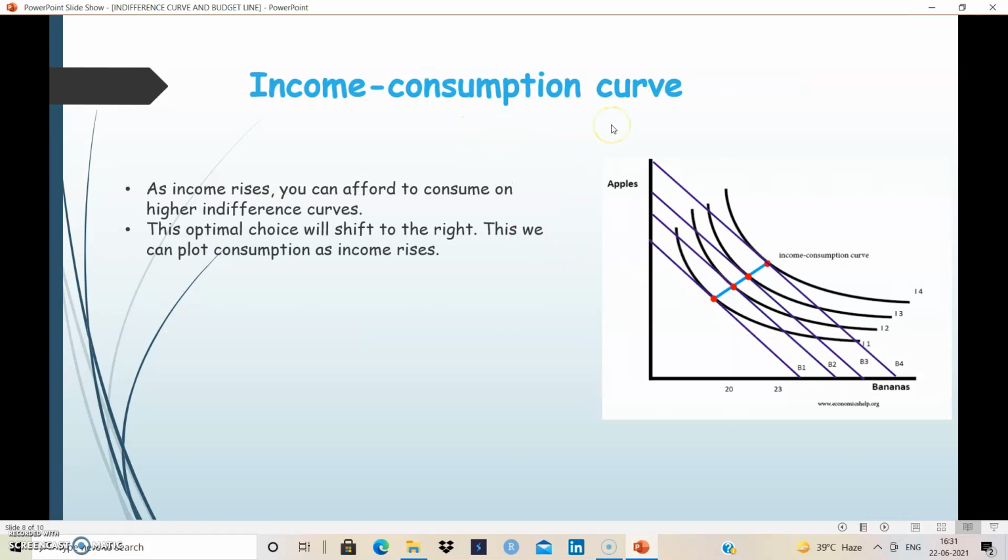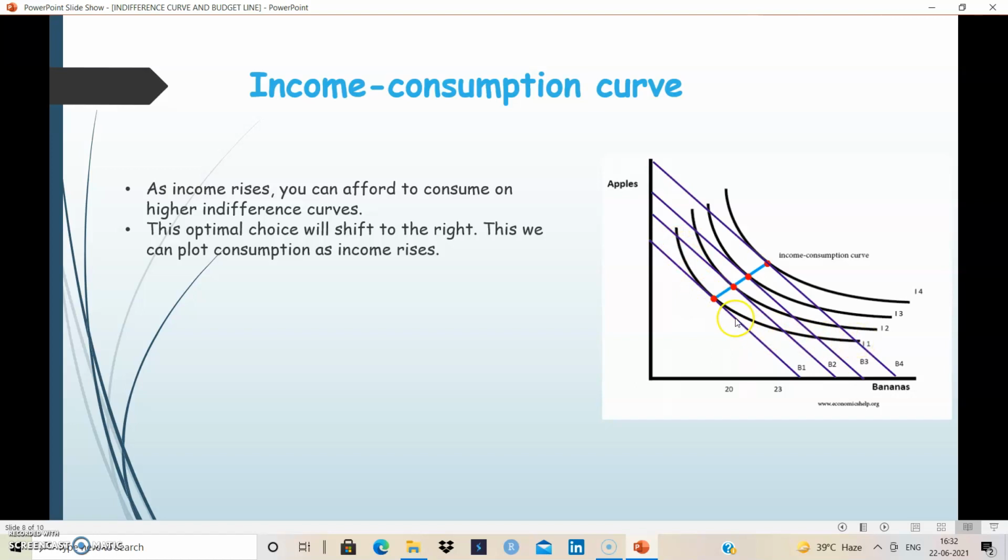Income consumption curve. In the income consumption curve, as income rises, you can afford to consume on higher indifference curves. This optimum choice will shift to the right. Here we can plot consumption as income rises. See, when we have less income, we consume this much.